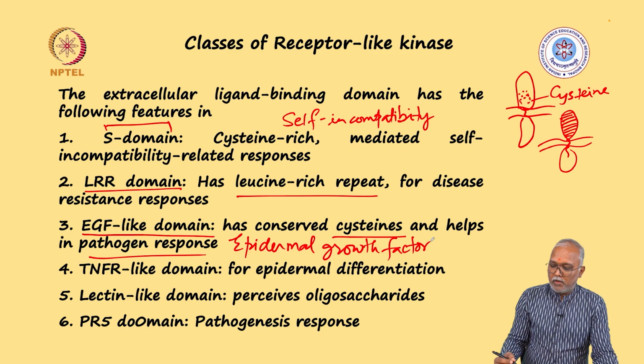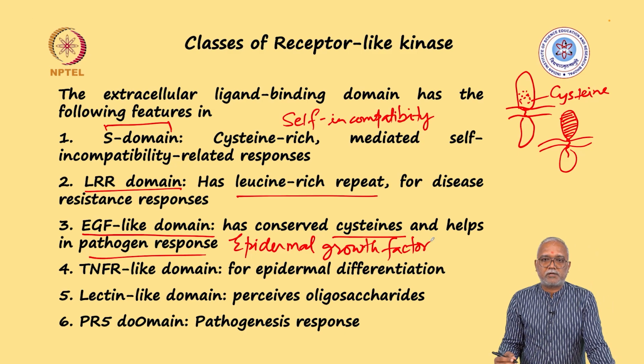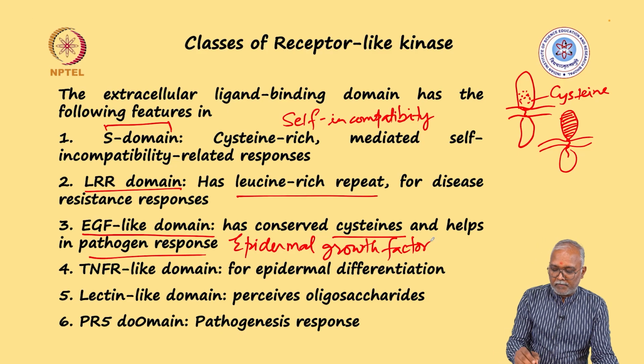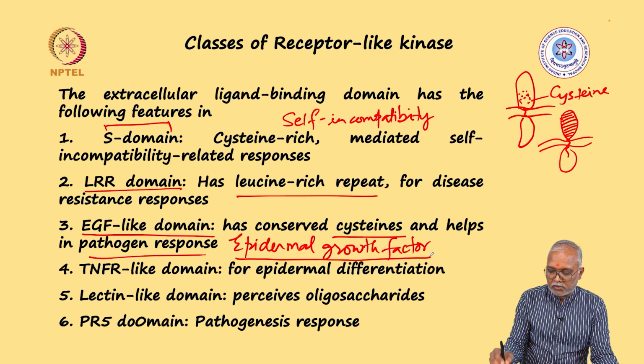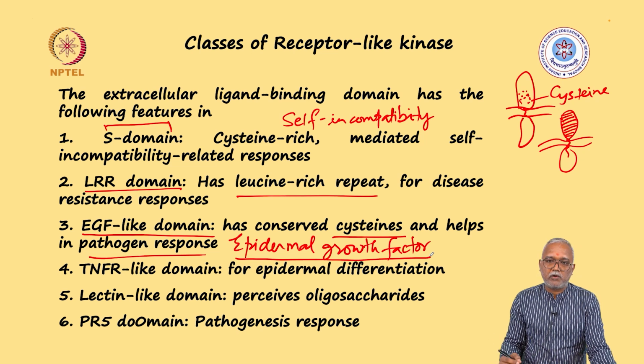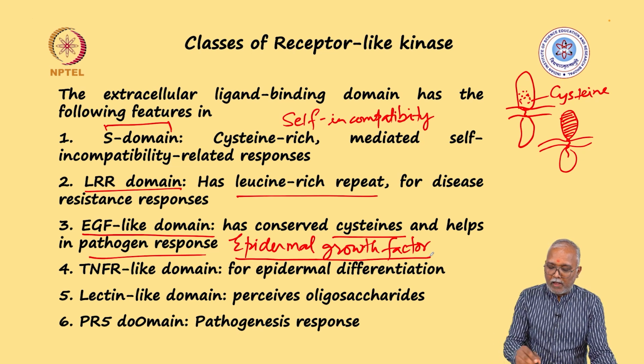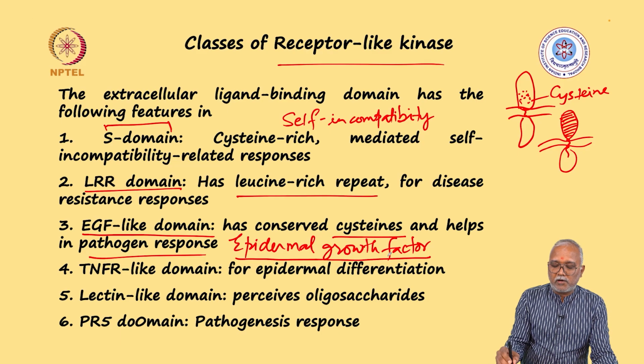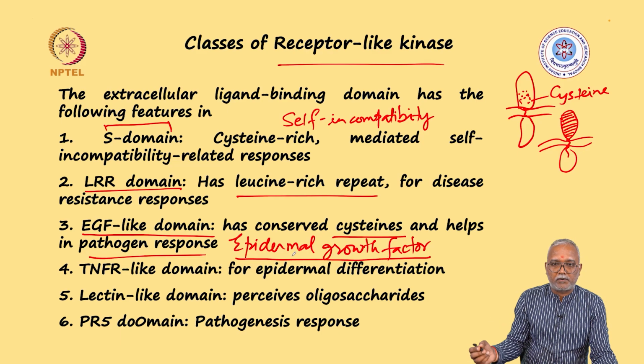When we come to a lot of signaling mediated by receptor tyrosine kinase in the animal kingdom, we will see the presence of such a domain or molecule which is involved in the growth of epidermal tissues. Structurally, this extracellular domain of a receptor-like kinase is similar to the epidermal growth factor receptor present in the animal world.